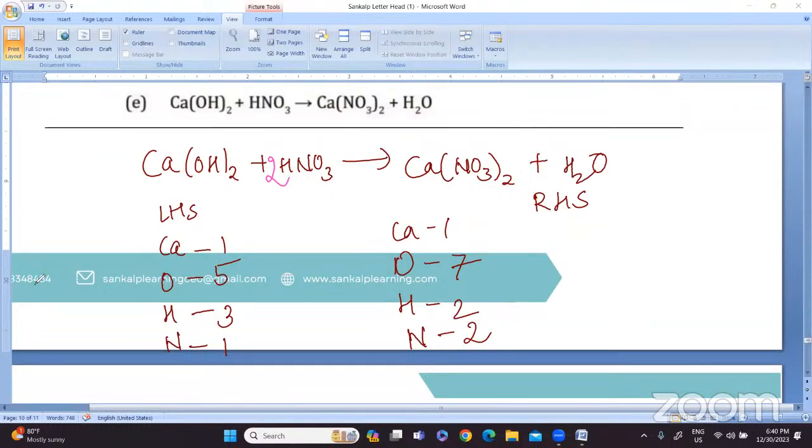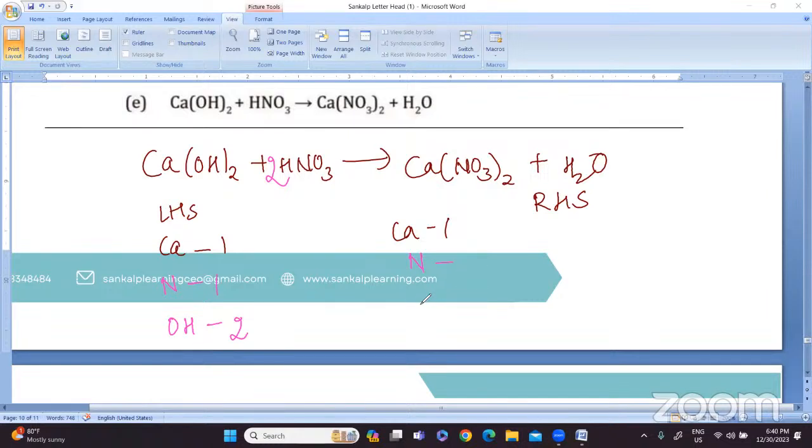Okay, sorry. You have to take this as hydroxide and not as hydrogen and oxygen. So nitrogen is 1 here. Then hydroxides are how many? Hydroxides are 2. And here nitrogen is 2.